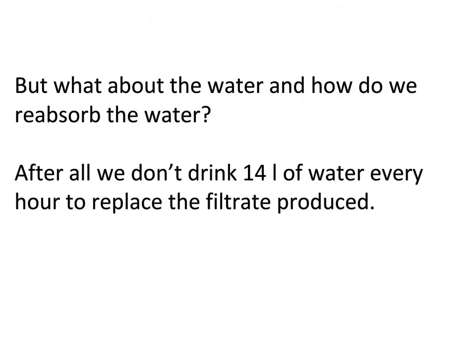Okay, so we've got a slide here which says, but what about the water and how we deal with reabsorbing the water? We don't drink 14 litres of water every hour to replace the filtrate. So we've already answered this really, is that by actively transporting, it's actually chloride ions and sodium follows it passively in the ascending loop of Henle, okay?